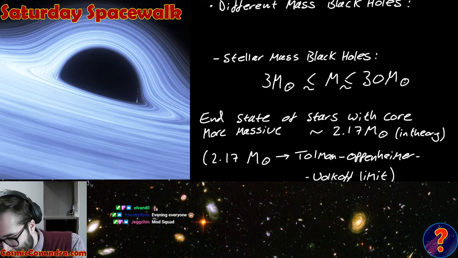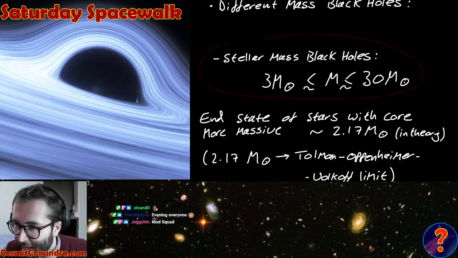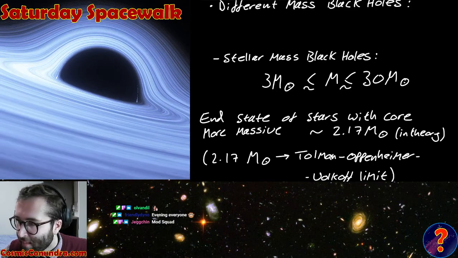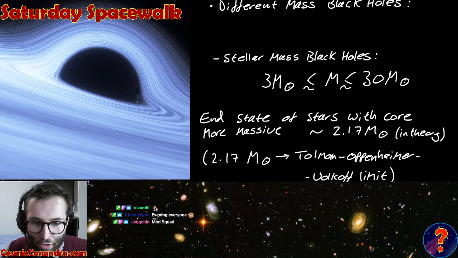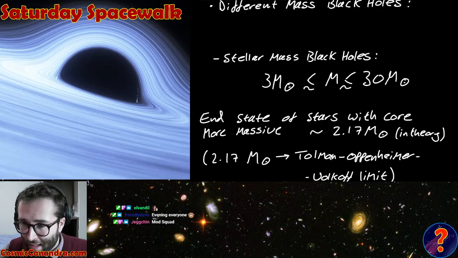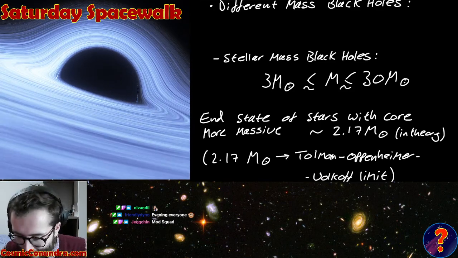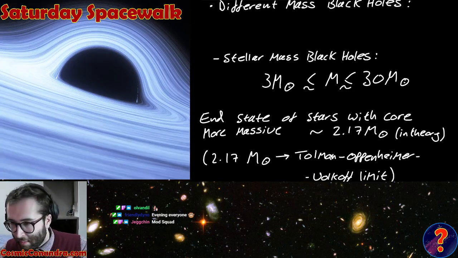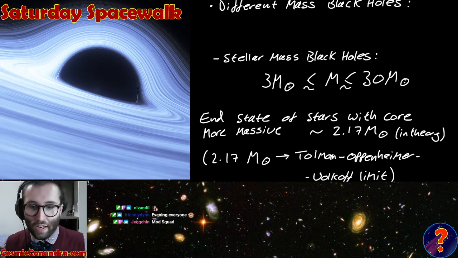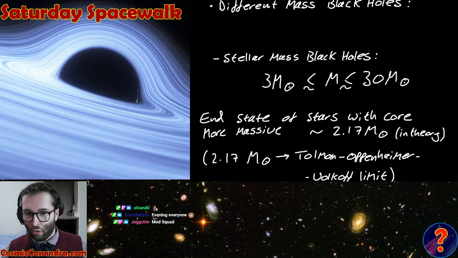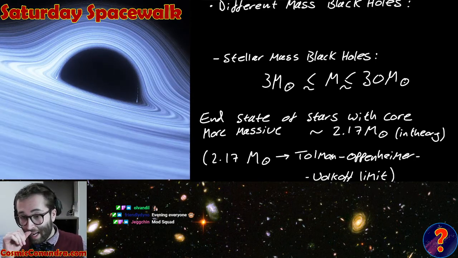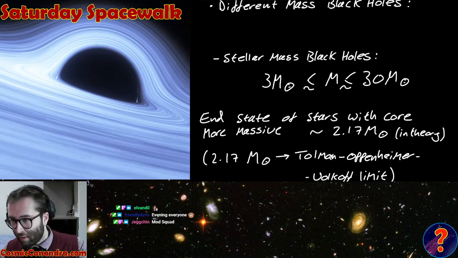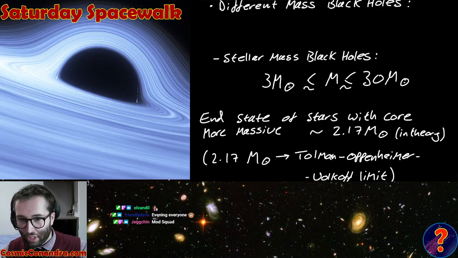There are black holes that are called stellar mass black holes. These are black holes that arise from the collapse of very large stars. If a star has a core that is bigger than around 2.17 to 2.5 solar masses, then when the star comes to the end of its life and goes supernova and the core collapses inwards, it's above the maximum size that is supported against collapse for neutron stars.